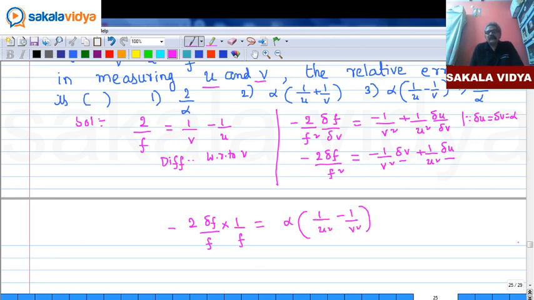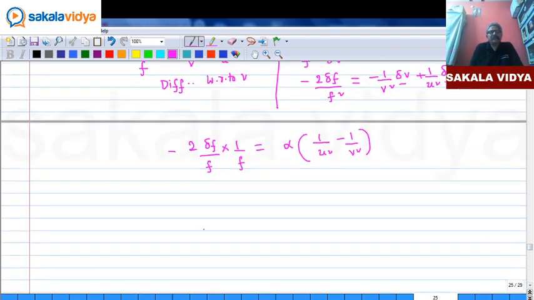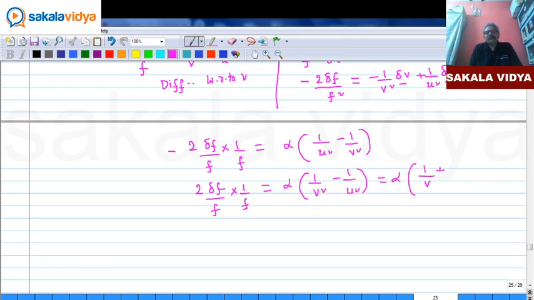Multiply with minus sign: 2 delta f by f into 1 by f will be alpha into 1 by v square minus 1 by u square. So, this can be written as alpha into 1 by v plus 1 by u into 1 by v minus 1 by u. It is a very interesting factor.